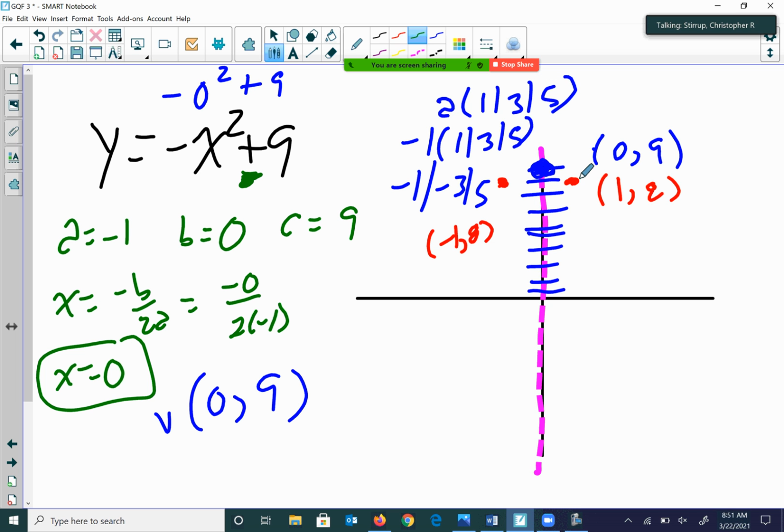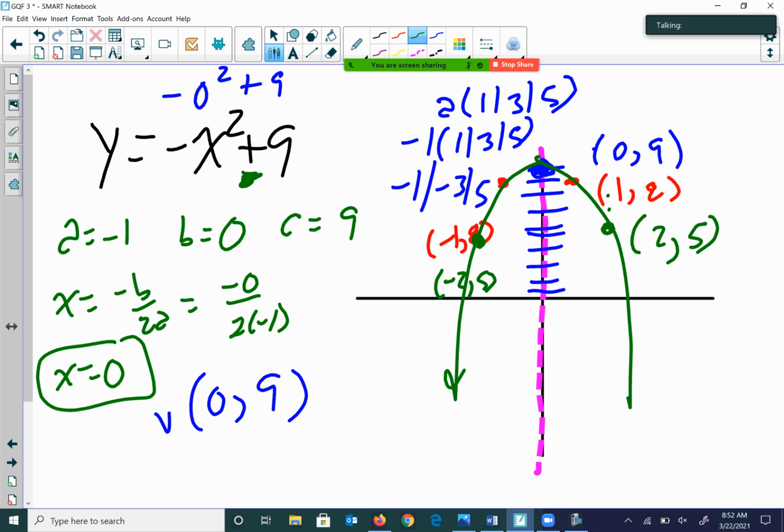Then I'm going to go right 1, down 3. So right 1, down 3. So I get to 2. 8 minus 3 is 5. Left 1, down 3. So that's going to give me negative 2 comma 5. And that should be enough for my parabola. And that, my friends, is exactly how you do these.